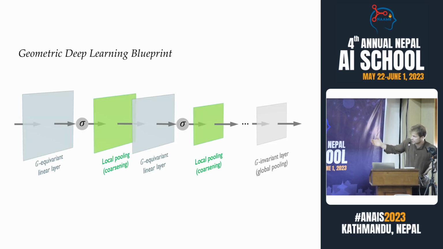Okay, a bit more visually, the GDL blueprint says that architectures can look like this. It's a good way to construct architectures. You stack group equivariant layers, so linear equivariant layers, then a nonlinearity, then some form of local pooling, and you repeat this, right?